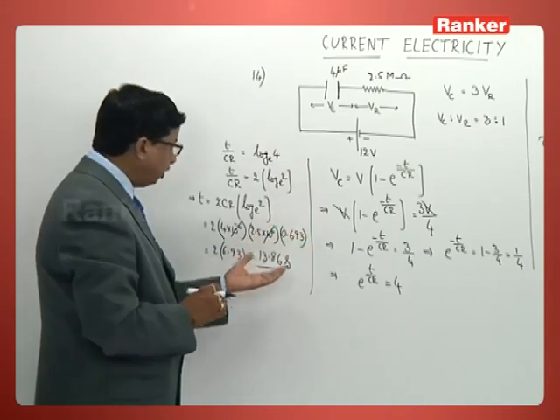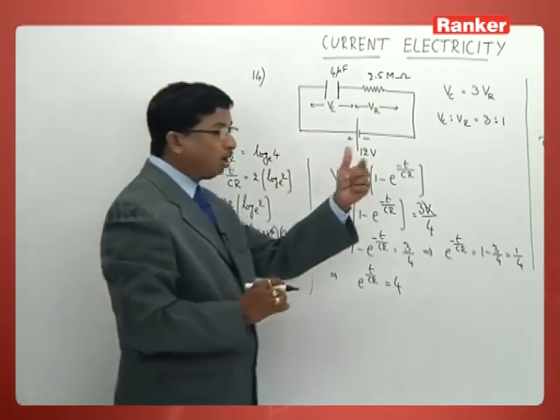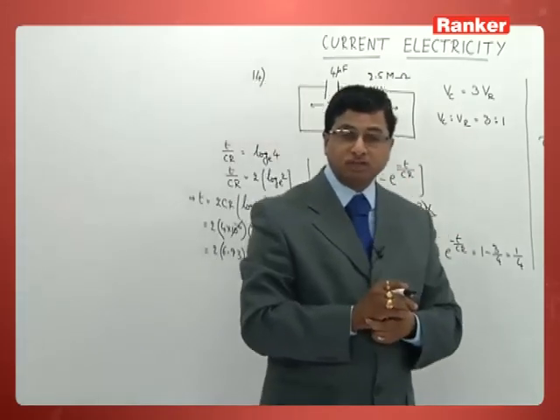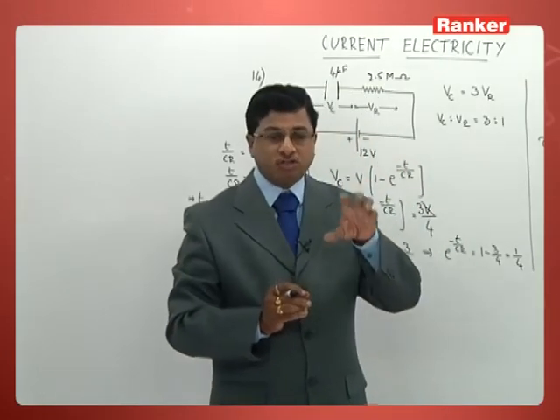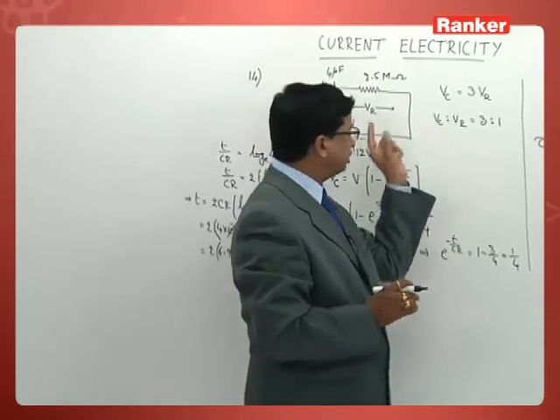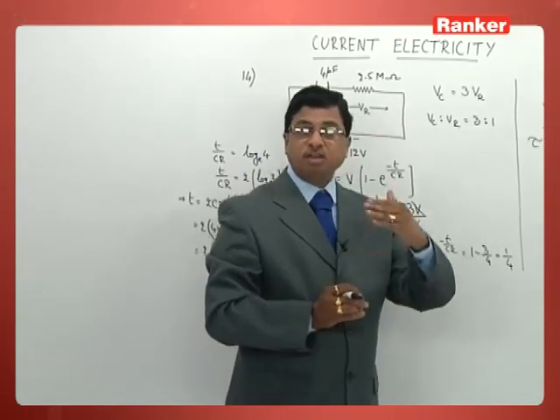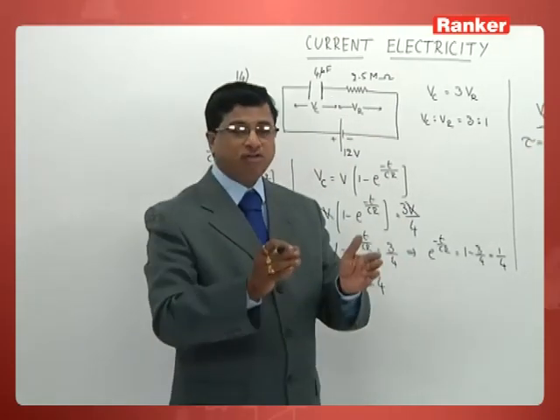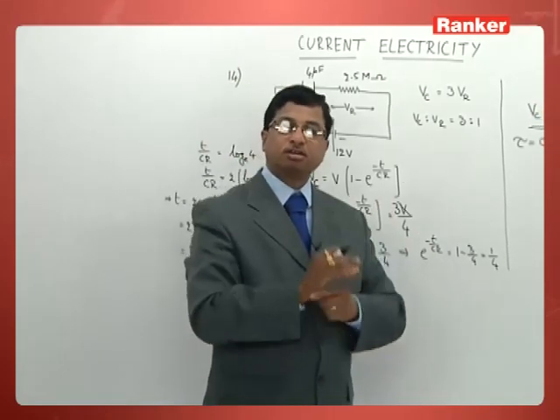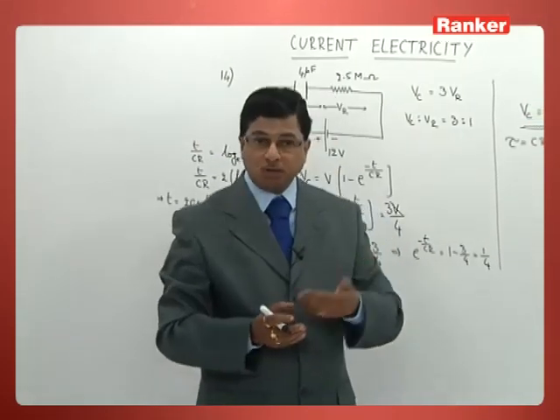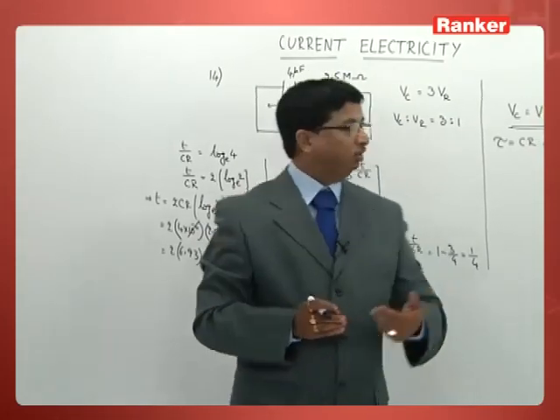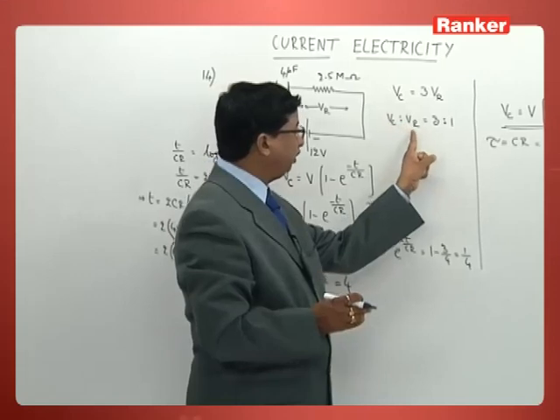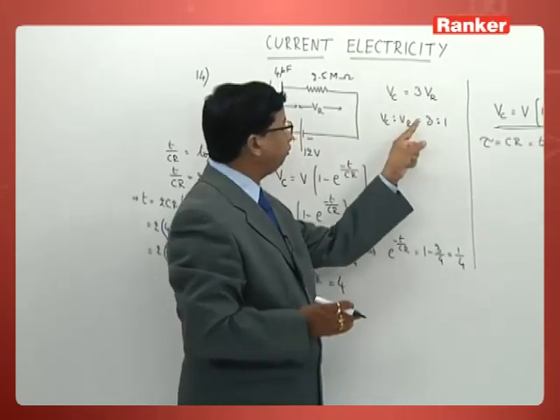So what you people should understand here, after what time, that's what he is asking you, find the time after which the potential difference across the capacitor is 3 times the potential difference across the resistor. So you can straight away take it for granted, this value of VC is to VR should be 3:1.